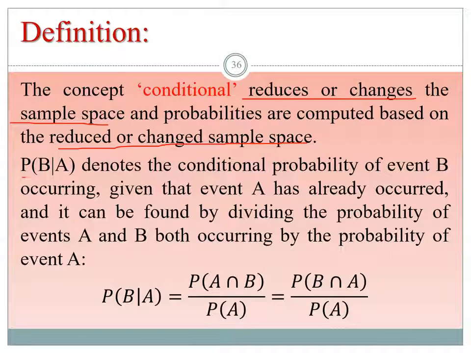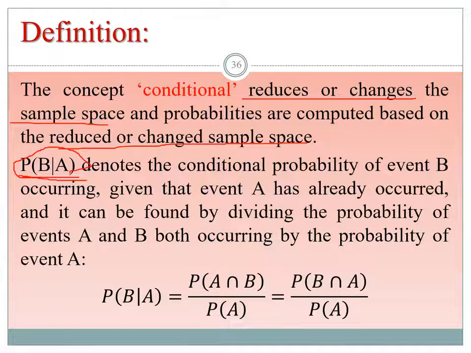So the probability of B given A denotes the conditional probability of event B occurring given that event A has already occurred. This is just notation. Important: this is not division notation, this is conditional probability notation.